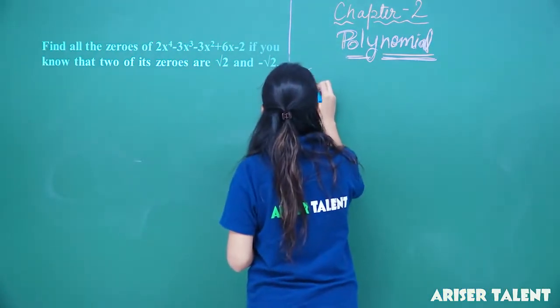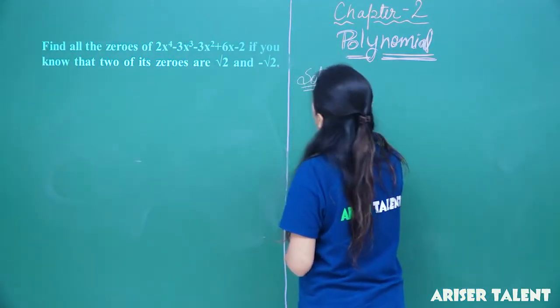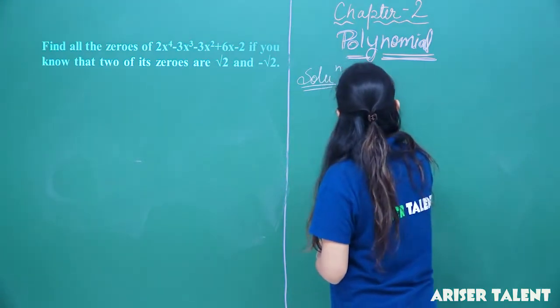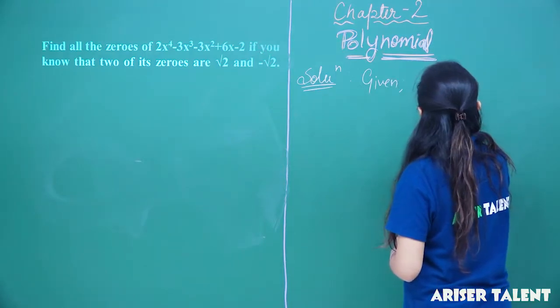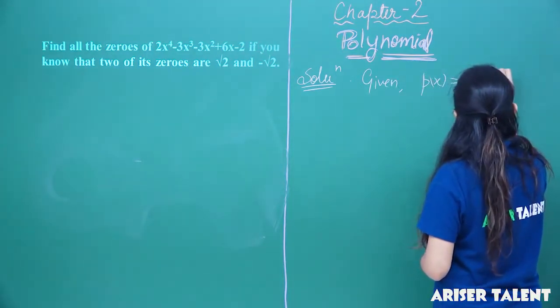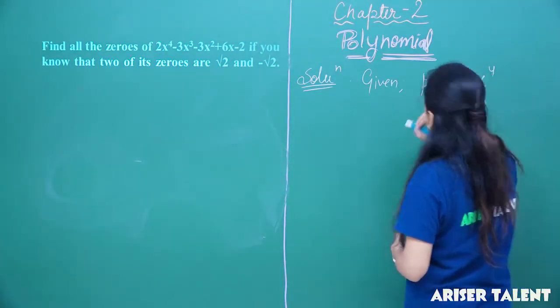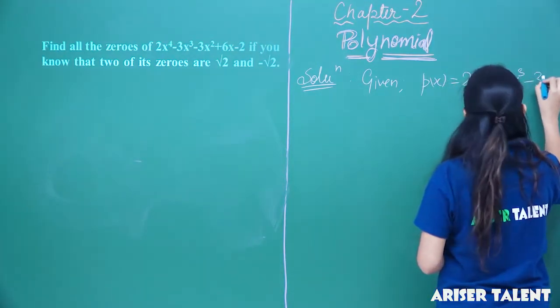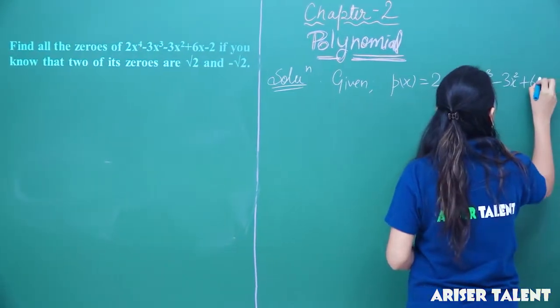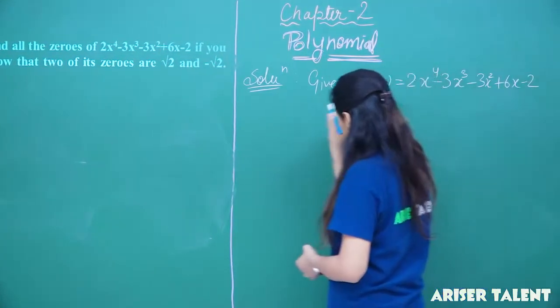Solution. Given Px equals 2x raised to power 4 minus 3x cube minus 3x square plus 6x minus 2.